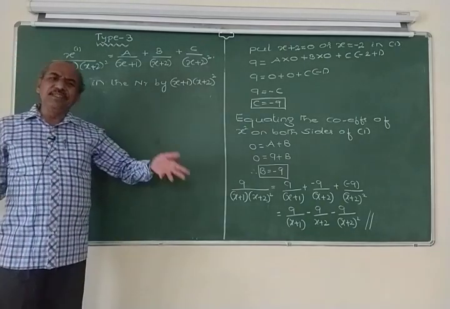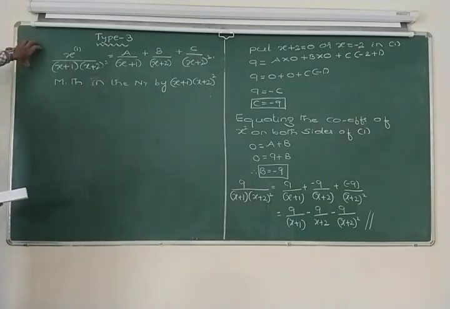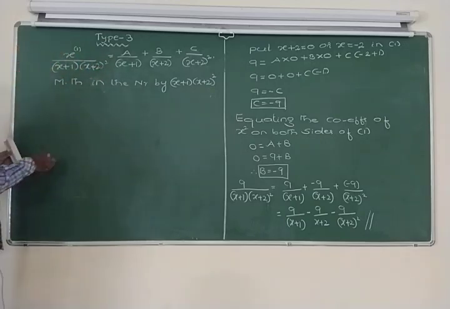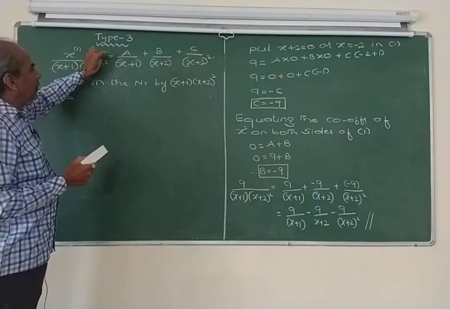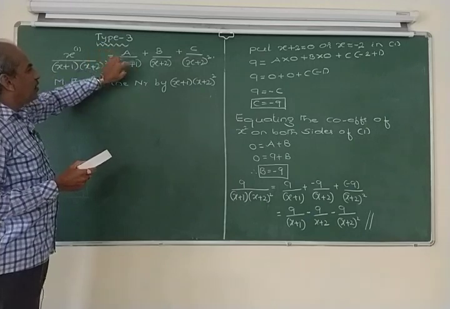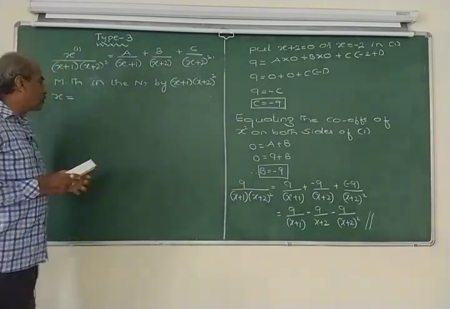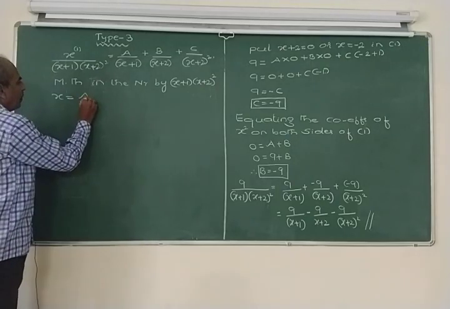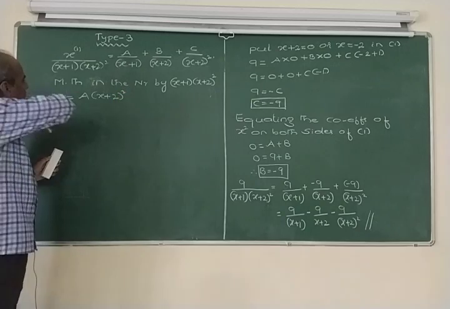You need not write in detail, it is understood. If I multiply on the left hand side in the numerator by x plus 1 into x plus 2 the whole square, both the terms will go. What is left now? X is left. Look at this here. To the right hand side, x plus 1 into x plus 2 the whole square, x plus 1 will go, x plus 2 the whole square is left. Therefore, it should be A times x plus 2 the whole square.